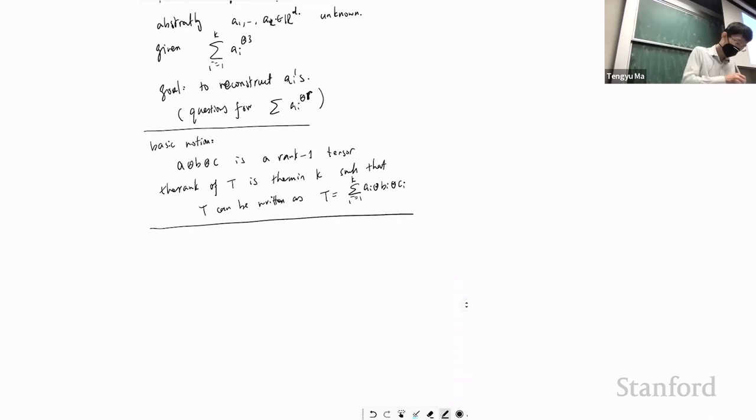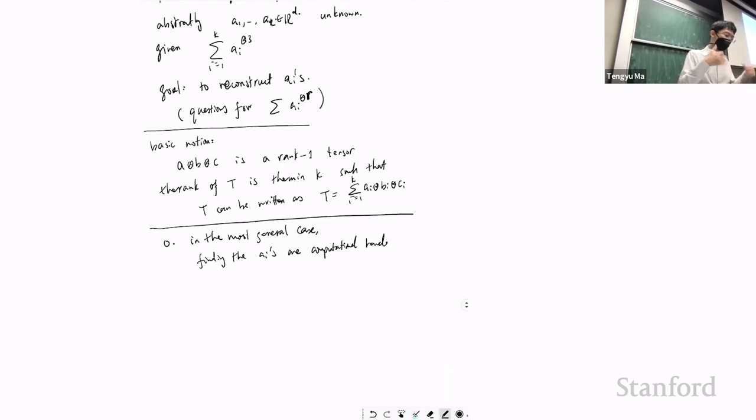So maybe number 0 is that in the most general case, or in the worst case in the TCS language, this problem is not solvable. So finding the decomposition is computationally hard.